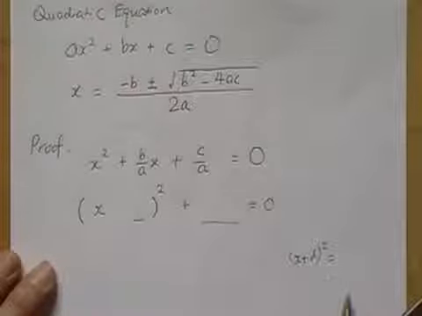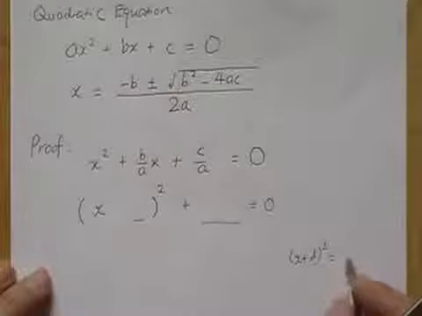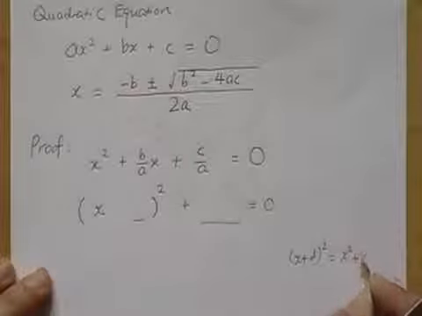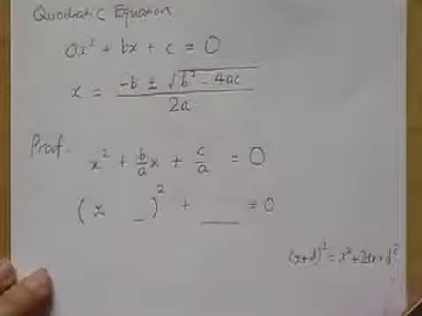If I have such an expression, then when I square it, I would get x squared. When I expand it, I will get x squared plus 2dx plus d squared.